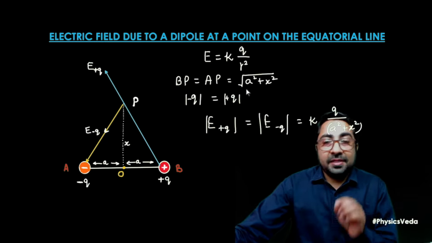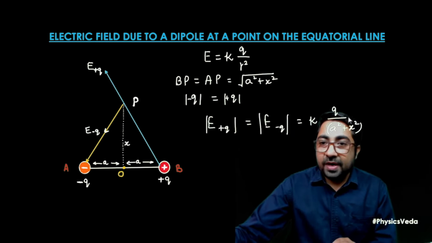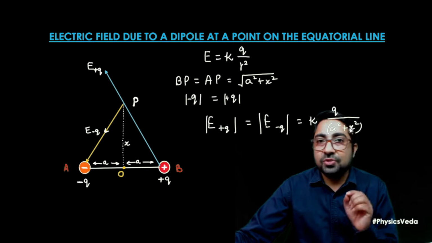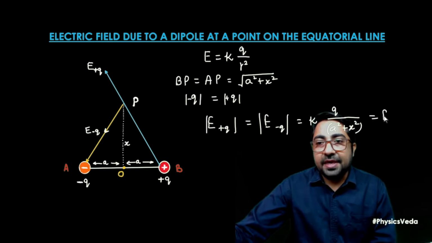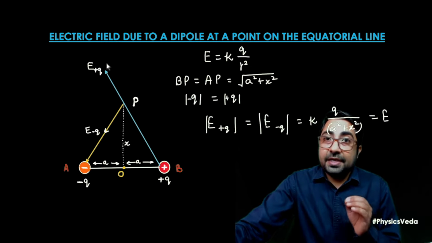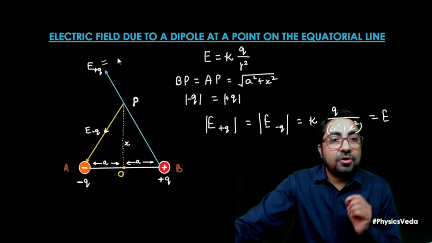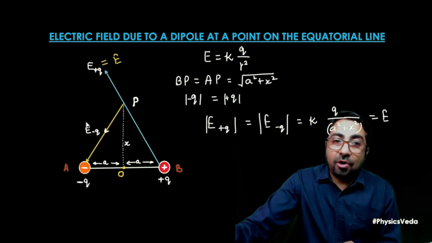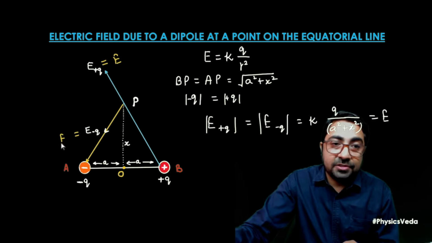Since in the electric field there is KQ upon R square, the square and square root cancel. Let's say this value is E. So the magnitude of the electric field due to the positive charge is E, and the magnitude of the electric field due to the negative charge is also E.